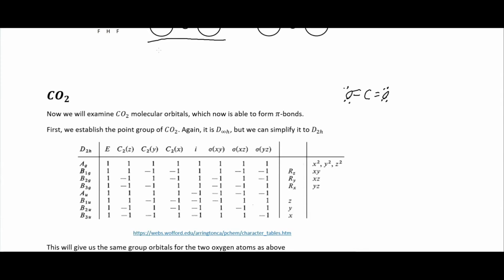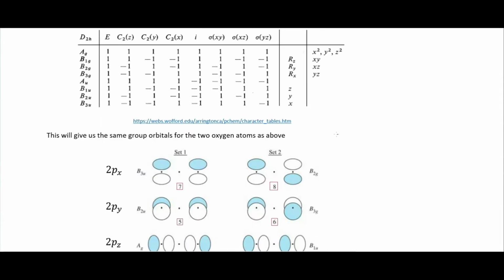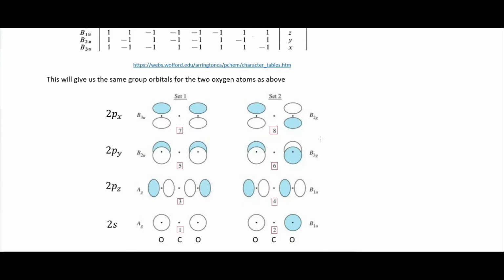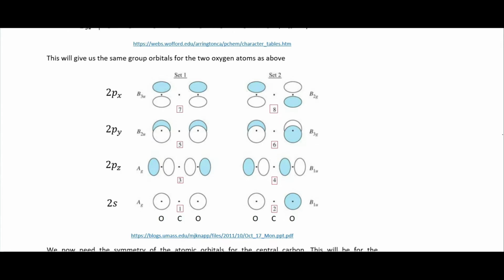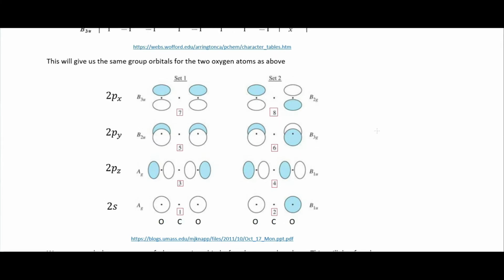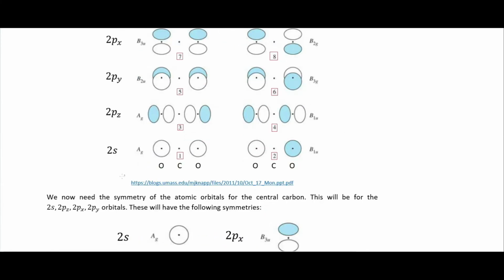So we first established that CO₂, again, is D infinity h, but we can simplify it like above to the D2h point group. And so we actually end up with the same group orbitals for the oxygens as we had for the fluorines. This is all exactly the same as above, but we now need the symmetry of the atomic orbitals of the central carbon.